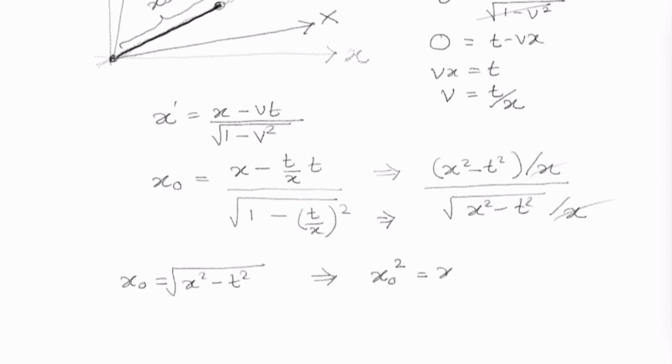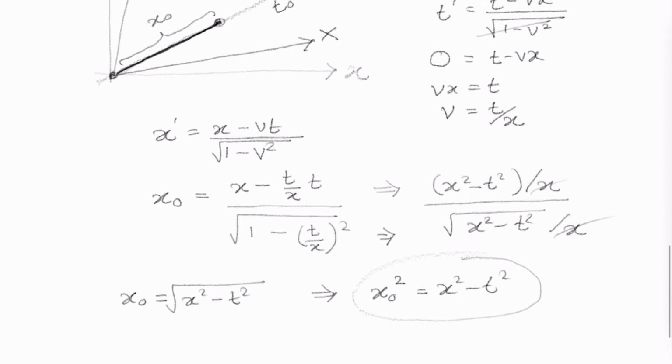In other words, x naught squared is x squared minus t squared. So whatever the coordinate system you use to calculate, regardless of its velocity, x naught squared equals x squared minus t squared.